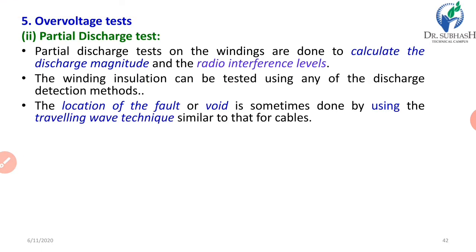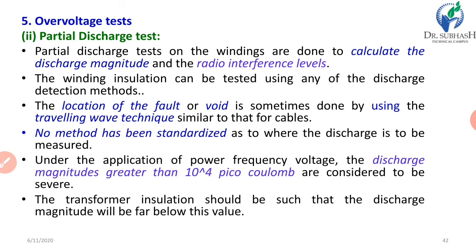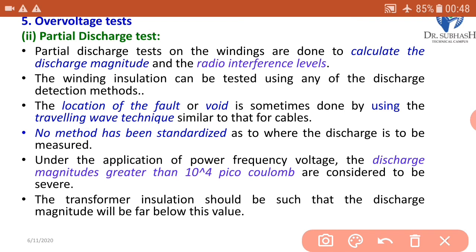Now the second test under overvoltage tests is the partial discharge test. Partial discharge tests on the windings are done to calculate the discharge magnitude and the radio interference levels. The winding insulation can be tested using any of the discharge detection methods. The location of the fault or void is sometimes found by using the traveling wave technique, similar to that for cables.